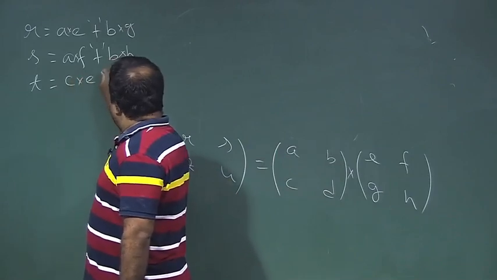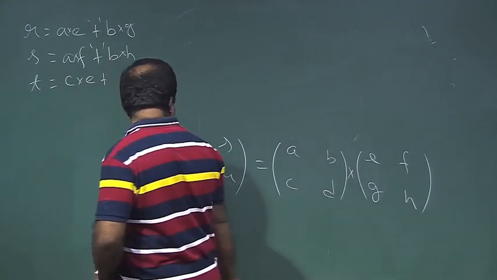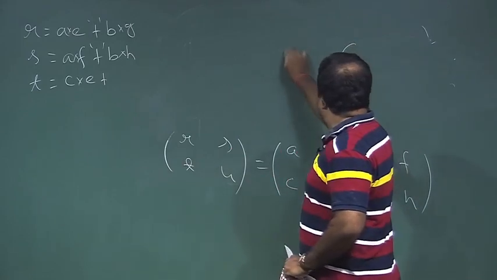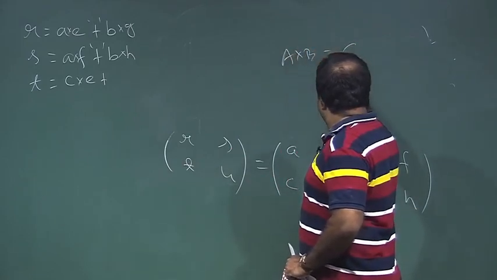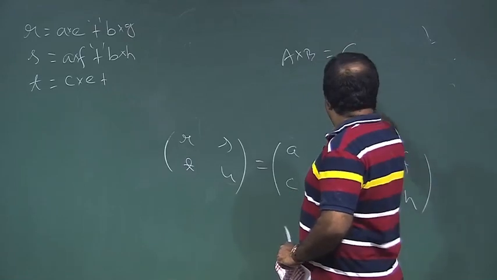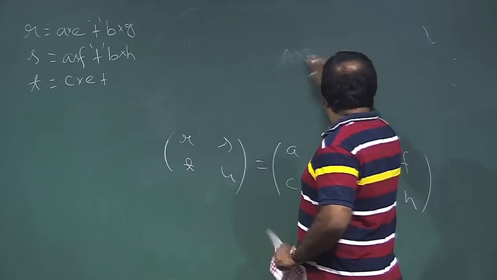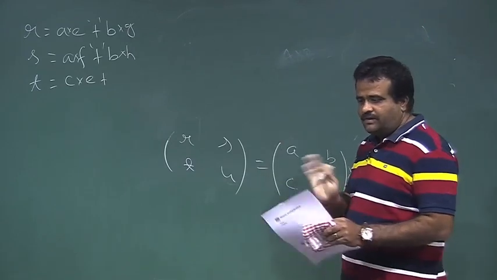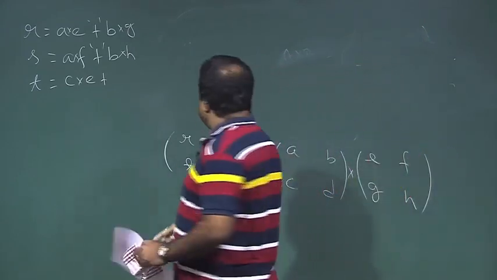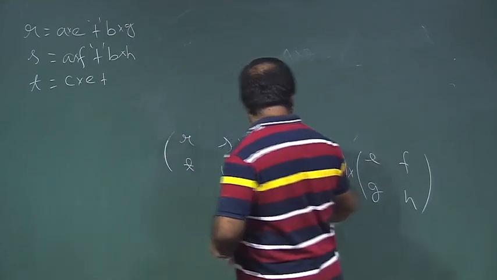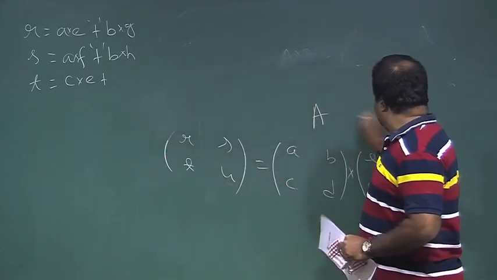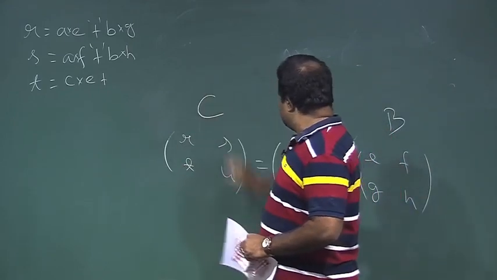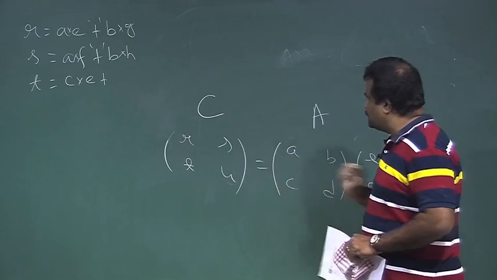This C has nothing to do with our A into B equal to capital C, so it is better to use a different notation. Do not confuse this C with our matrix C, they are different. We have two matrices, A and B, and the multiplication is this matrix, capital C. These two Cs are not the same.